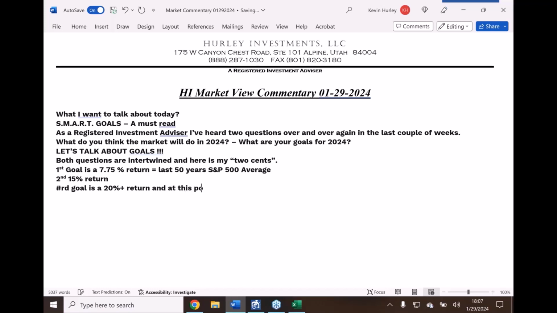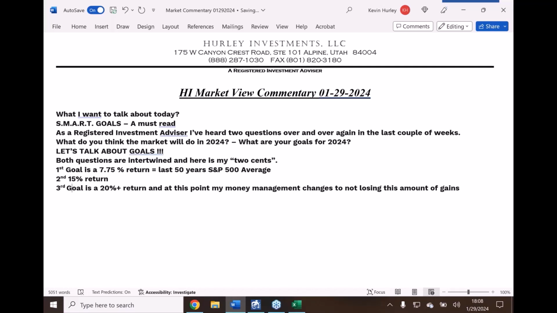And at this point, my money management changes to not losing this amount of gains. And it's always the same. Nothing changes as I create these goals for myself.